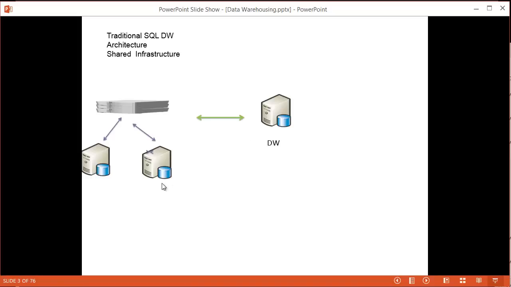The problem with this picture is that your OLTP system servers and your data warehouse servers are connected to the same storage, but because these workloads are so different, there will inevitably be conflicts between these servers in terms of their workloads.